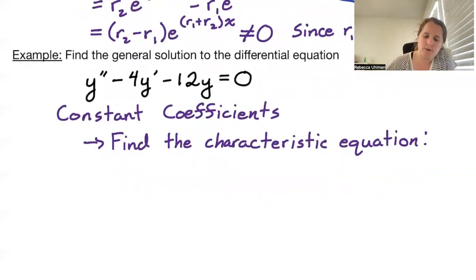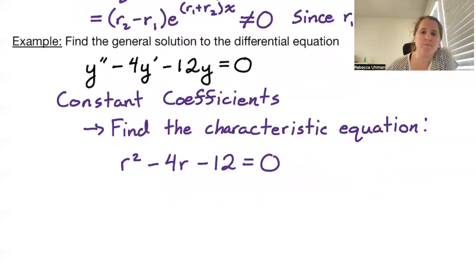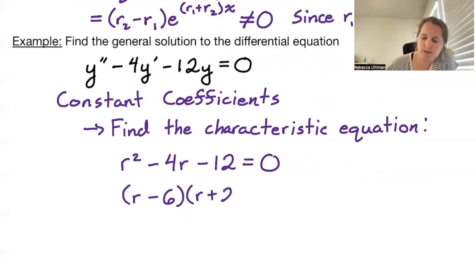In this case, we would be looking at r squared minus 4r minus 12 equal to 0. Notice the power on r corresponds directly with the ordered derivative for y in that term. This is (r minus 6) times (r plus 2).